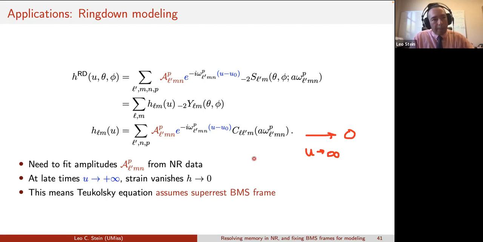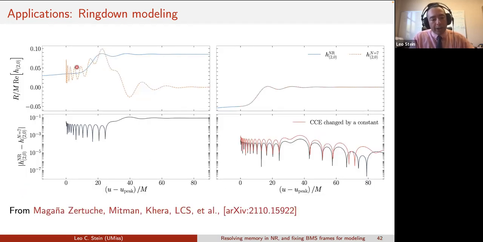But where's the memory, right? Our actual numerical relativity waveforms, now that we're using CCE, have memory. So if you tried to do ringdown fitting with this blue waveform on the left, your fit will make a valiant attempt to recover the fact that the strain rises up to some asymptotic value, but ultimately it can't do it because there's nothing you can do with a bunch of damped sinusoids to get this constant offset at late times.